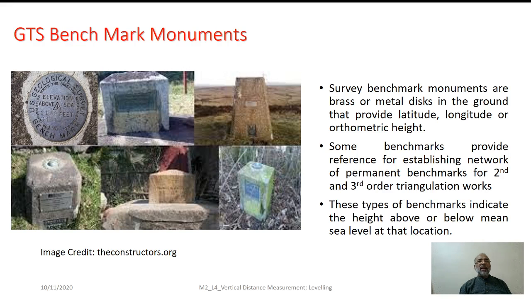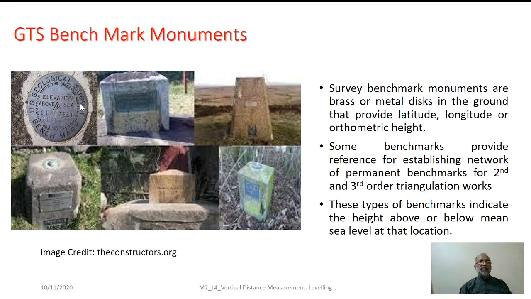Here what you see is nothing but the variety of GTS benchmarks established at various regions. It is a permanent structure and it is always treated as a certain monument. These are a kind of brass or metal disc which is fixed in the ground, and it provides the basic coordinates, maybe latitude, longitude, but certainly the orthometric height, that is nothing but the reduced level of that particular point.